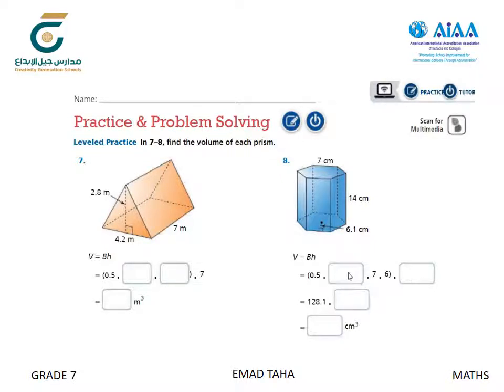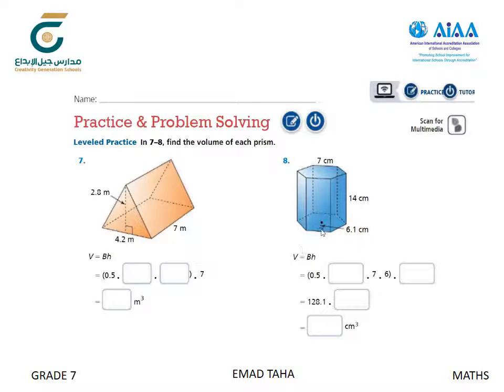Okay, and here what is the area of the base? The area of a hexagon is half times base times height. Here the base equals the same side of the upper face, 7, and the height of this base equals 6.1, so half times 6.1, times 7.